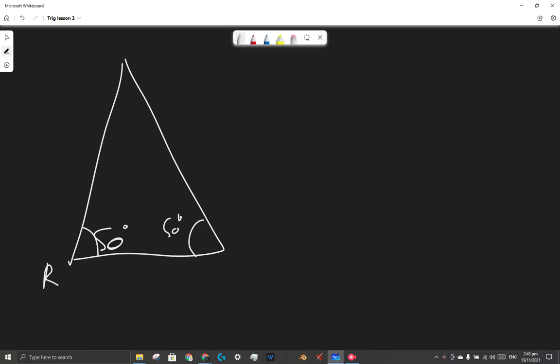We're going to label this side R and S, and I'll call this side B. And this length here will be 25 meters. So will this side here, so that means it's 25 meters.